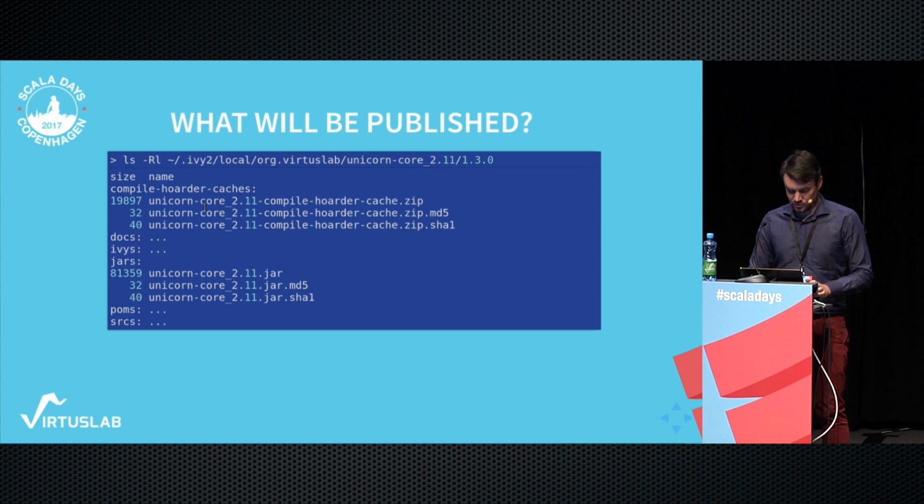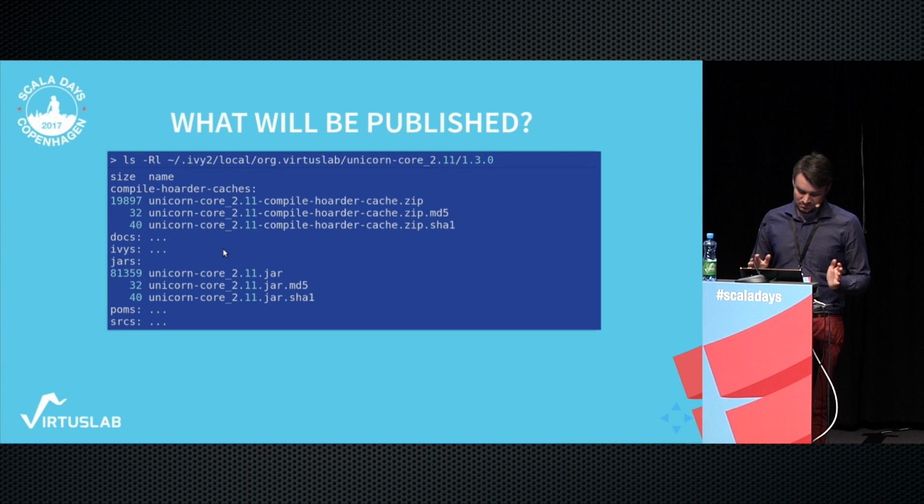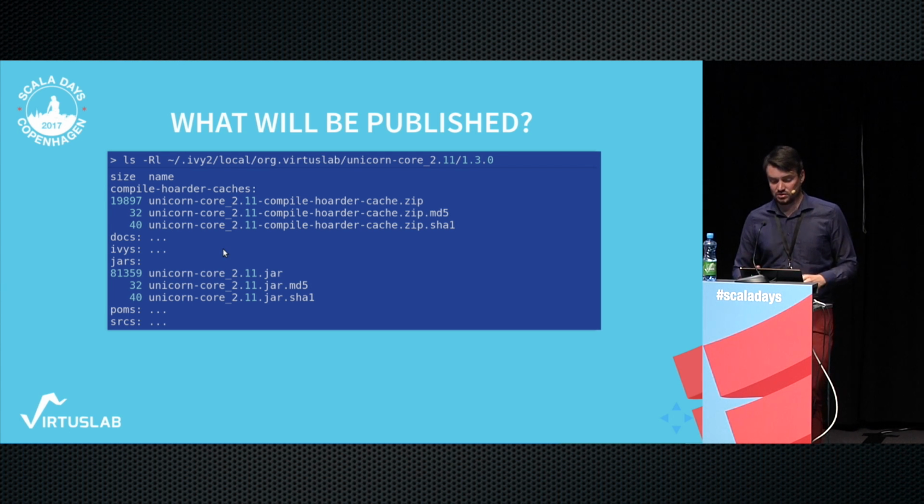But what was most interesting, there is this new type of artifacts called Hoarder caches, and the main thing, the zip with the analysis, it's like 20 kilobytes, not that much. If you compare that with the size of the jar, that is 4 times the size, more or less. So the releases will be quite bigger, but not that much.